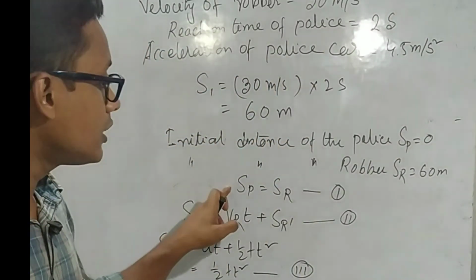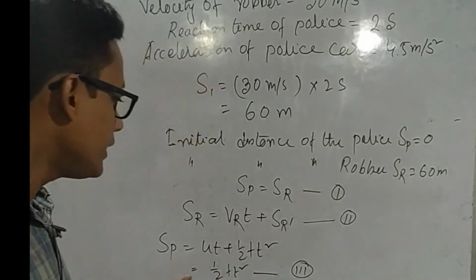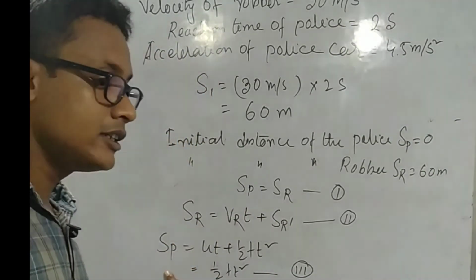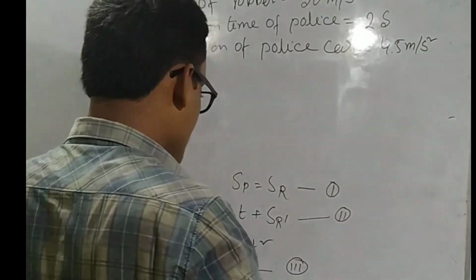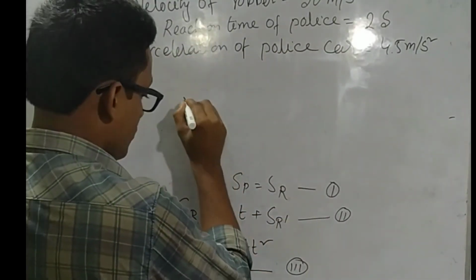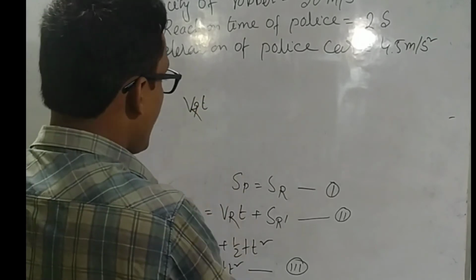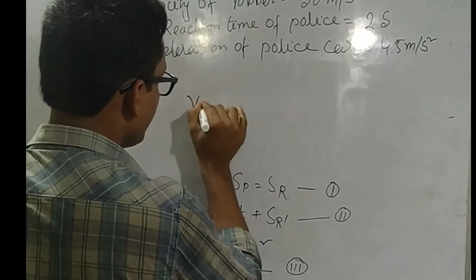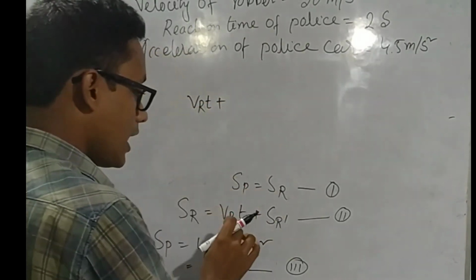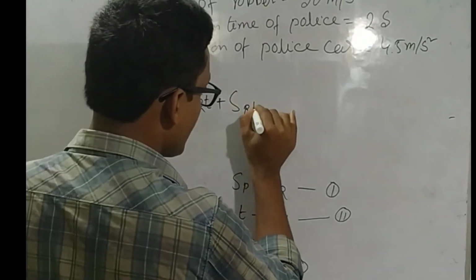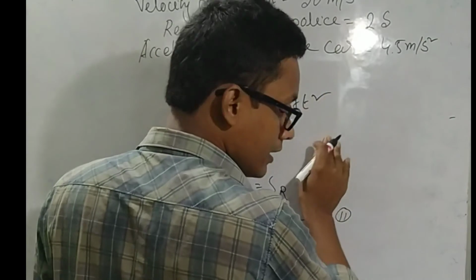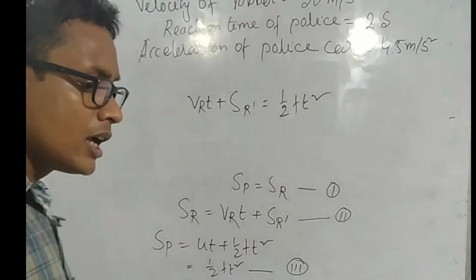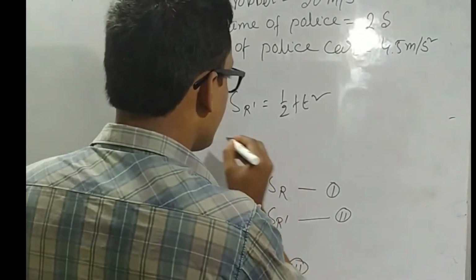Now from equation number 1 we can say SR is equal to SP. So using this relation we can write VR t plus SR prime is equal to half of f t squared. Now we have to calculate the time.